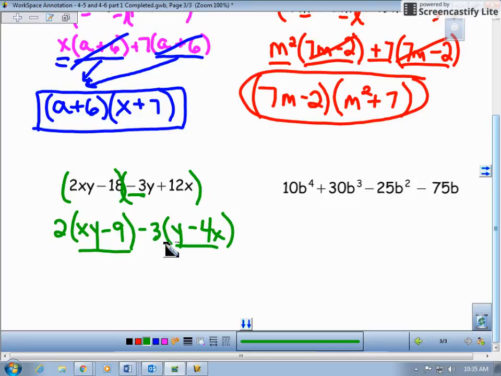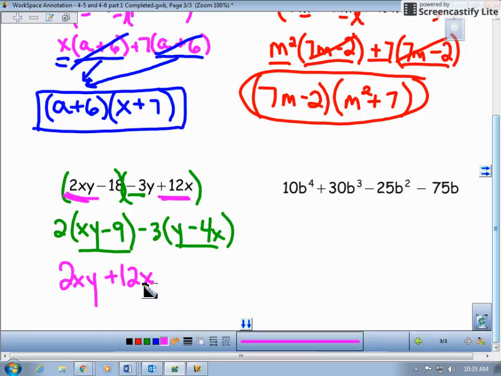Now, it could be unfactorable, or it could be the fact, guys, we might need to regroup this in a different order. So I'm going to do that. I'm going to regroup these, guys. You can just experiment and try, but I'm going to put this term, 2xy, in with the 12x.